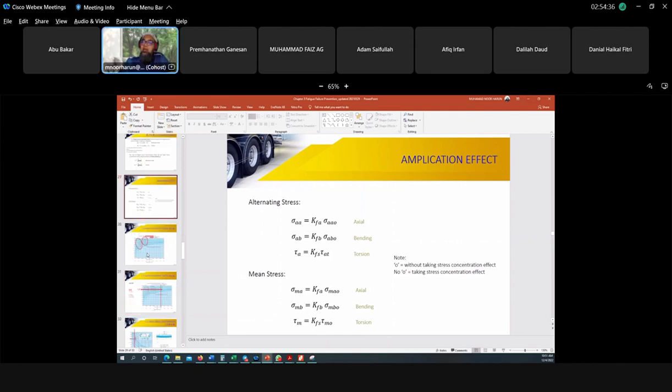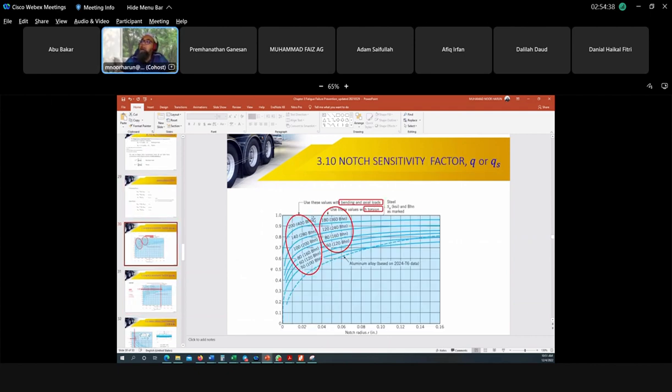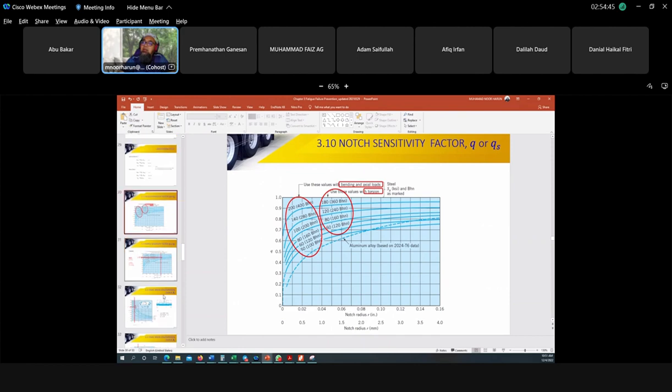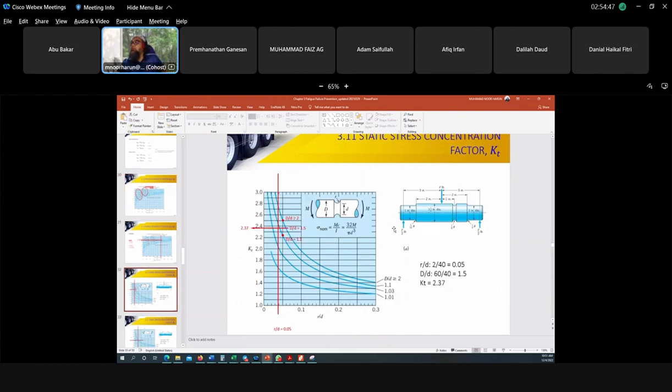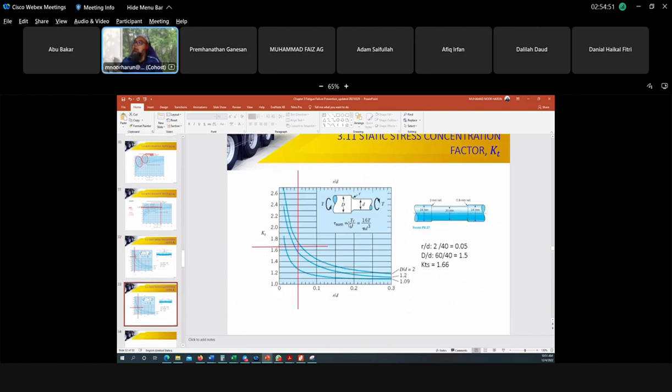But be careful, use the q value. Okay, q value kena ada bending, axial, torsion, sama juga dengan same as this one. Bending, torsion, bending, torsion, different graph.